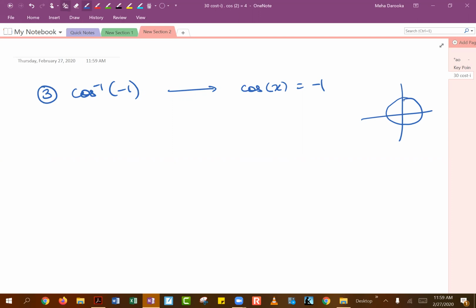Medina, do you know? When is cosine of x equal -1? Three pi over 2, which would be this angle here. Right? So for this angle here, what's the ordered pair?